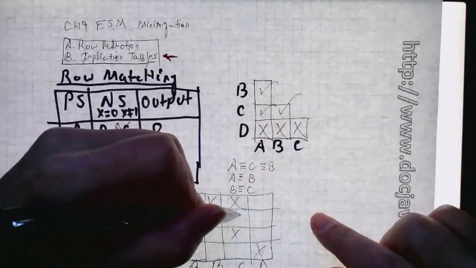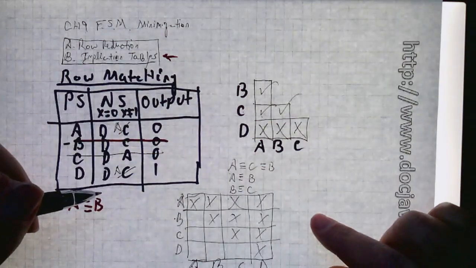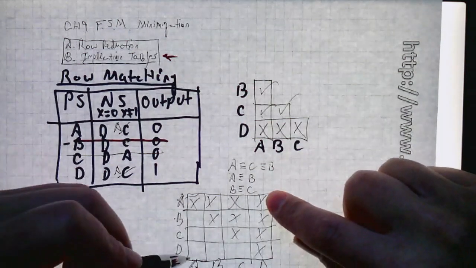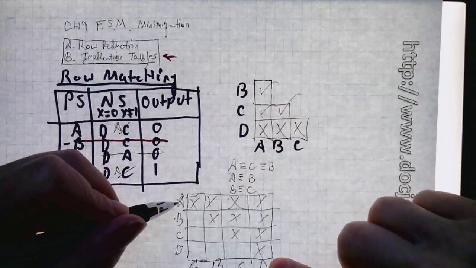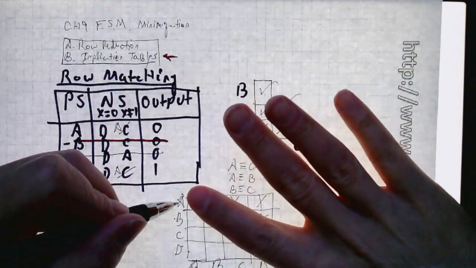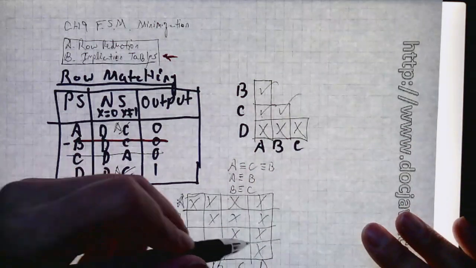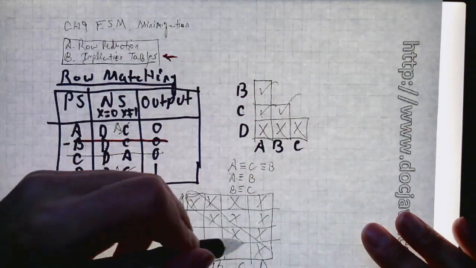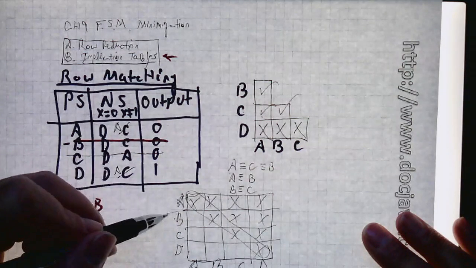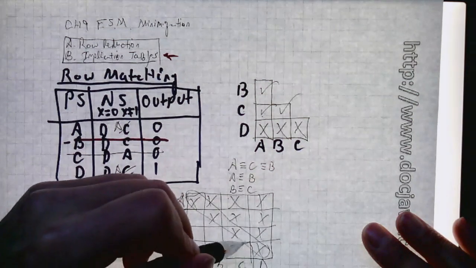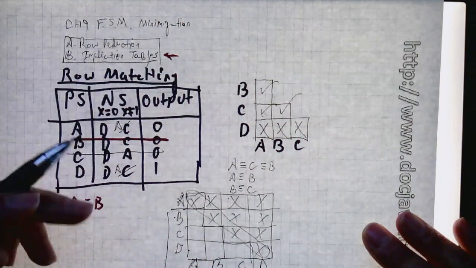So the whole upper triangle is redundant, because I don't need to compare D to A if I'm comparing A to D. If I know A is equal to D, then D must be equal to A. So this whole upper triangular matrix is removed, and everything below the main diagonal is retained. These are the only comparisons that I need to care about, and the others are simply redundant.